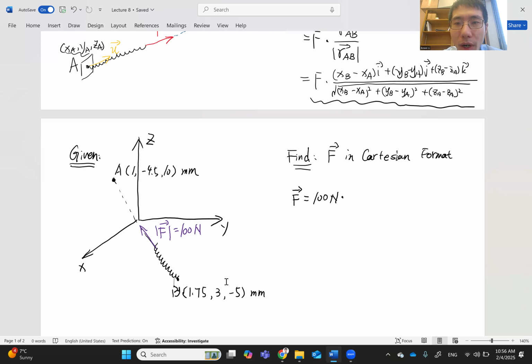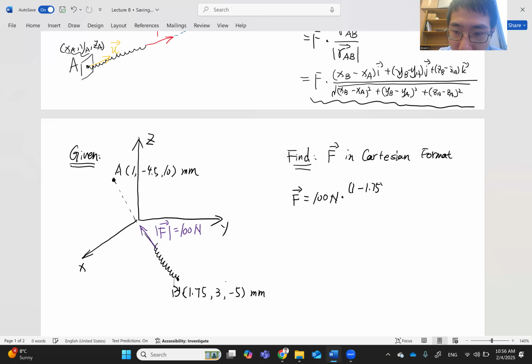Specifically, for the x component, the endpoint is A, because the force is pointing towards A. So the x coordinate of the endpoint is 1. And the x coordinate of the start point is 1.75. So it is 1 minus 1.75.